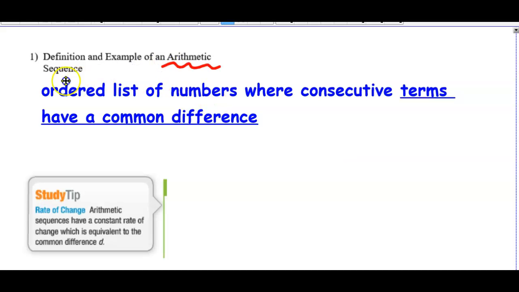Specifically, an arithmetic sequence is when you have an ordered list of numbers where the terms have a common difference, okay? So term 2 minus term 1 or term 22 minus term 21 are always the same difference. Let me give you some examples to help this make sense. We could start with 7 and go up by 2s.